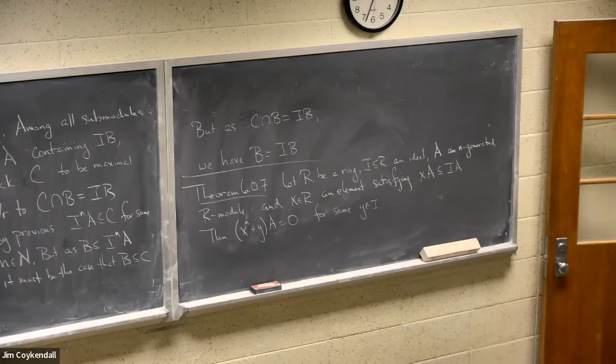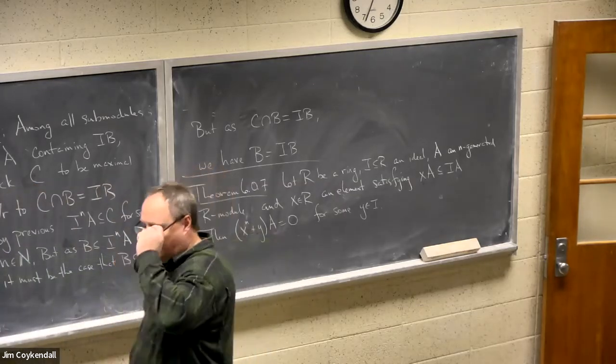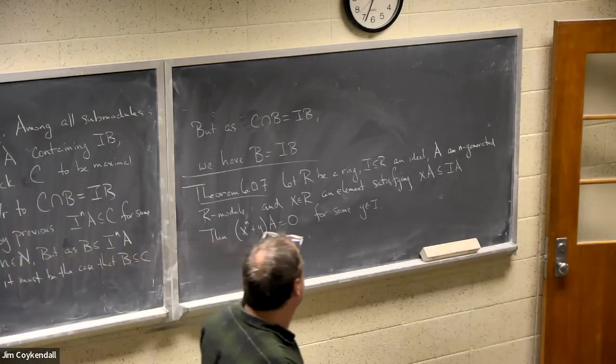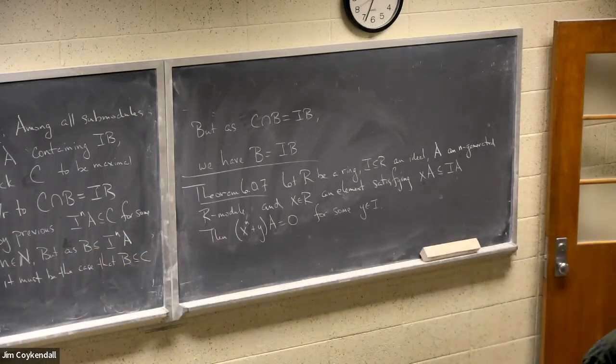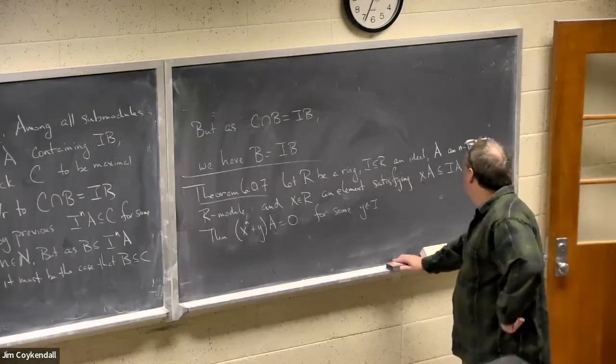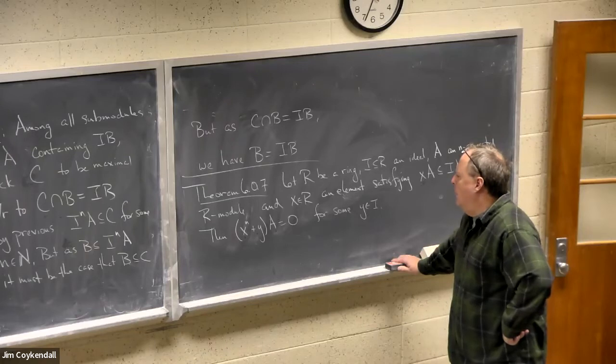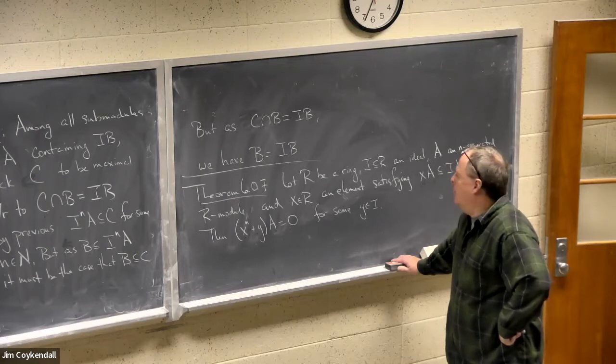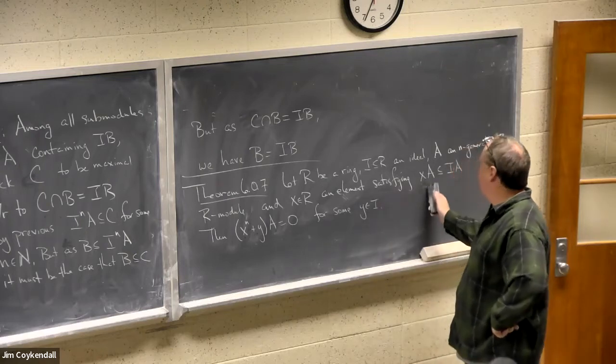So let's go through the proof of this. Sure. So in the case that X is not in I, how do we know that there exists such an X such that XA is in IA? We don't. Okay. Well, we do actually. For example, you take X to be 0, right? Because certainly 0 is an element that is satisfied.